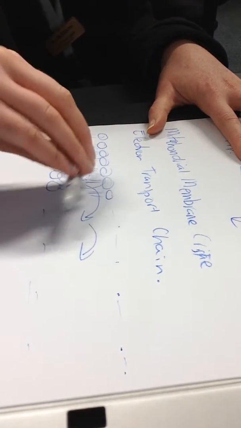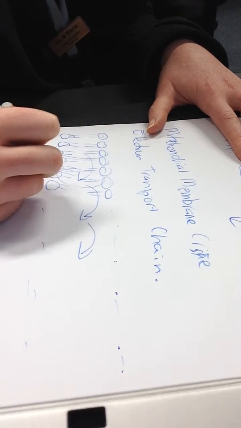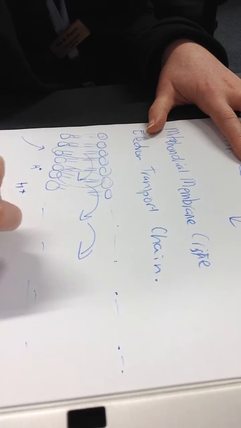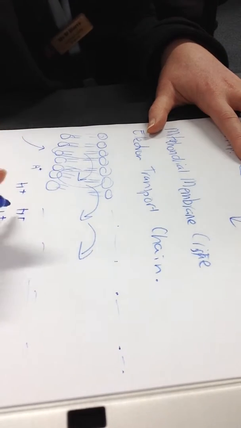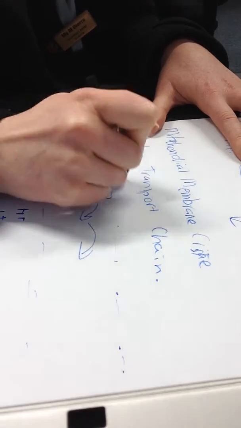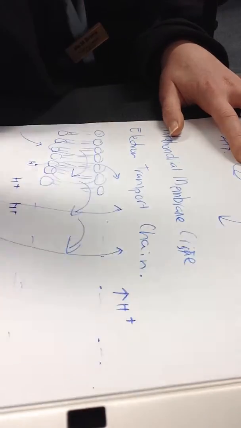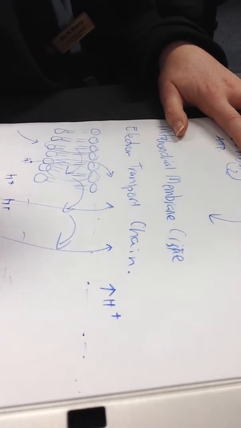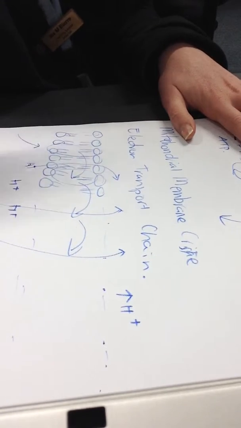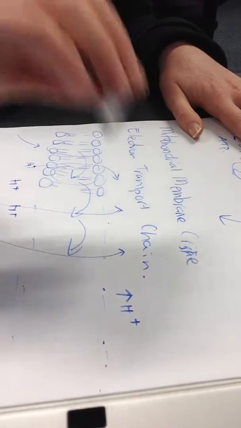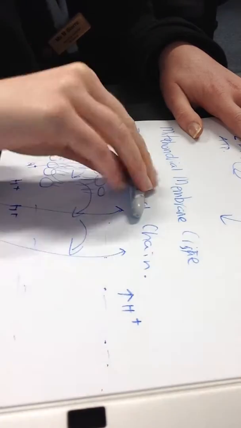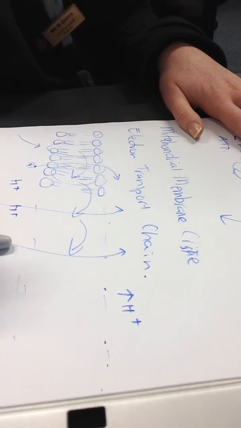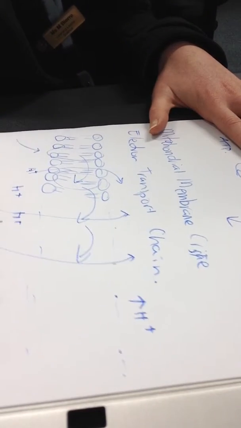So the membrane becomes charged, and the hydrogen ions sitting on the inside, in the membrane space, start to move over to the other side of the membrane. So what you end up with is a high concentration of hydrogen ions on one side and a lower concentration on the other side. We know from diffusion and osmosis that when you've got an imbalance, a high concentration versus a low concentration of ions, they're going to want to come back eventually.